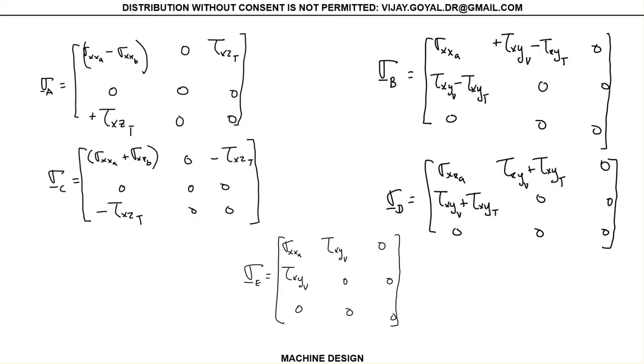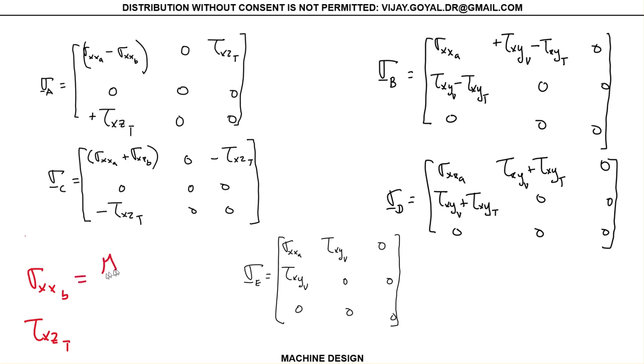Okay, so once you build this, the question is, which of these is my critical state of stress? So let's evaluate and see what's going on here. When you see this, you're going to realize that, wait a minute. First of all, remember, I care a lot about my bending, and I care a lot about my torque, because these are my big drivers.